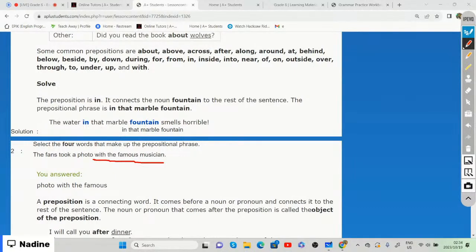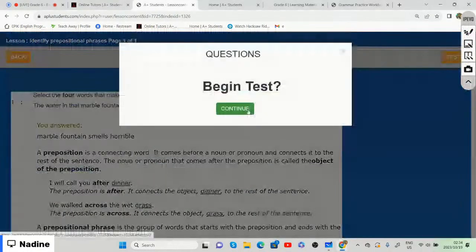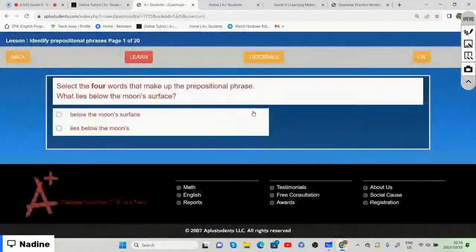Now let's go to our test. We are going to select four words that make up the prepositional phrase. What lies below the moon's surface?